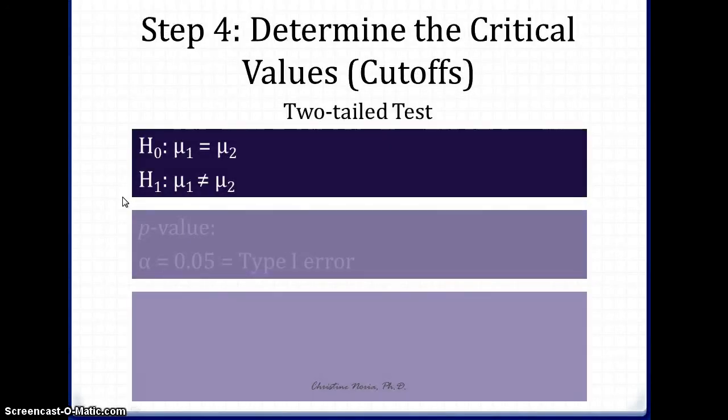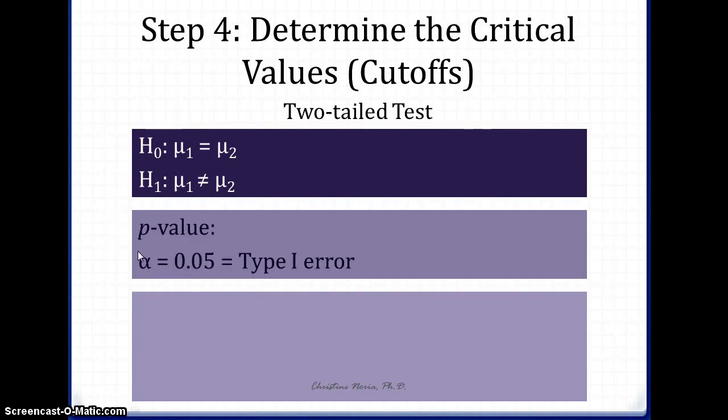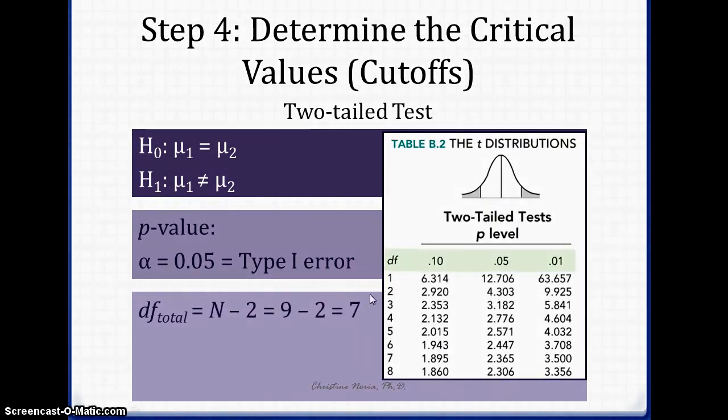So we have to get our critical values. We have our null and research hypotheses. We've selected a p-value of 0.05, which is also our type 1 error rate. And we know our total degrees of freedom is 7, which we found previously. So if we come over here to our t-distribution table, we've got 0.05. It's a 2-tailed test.